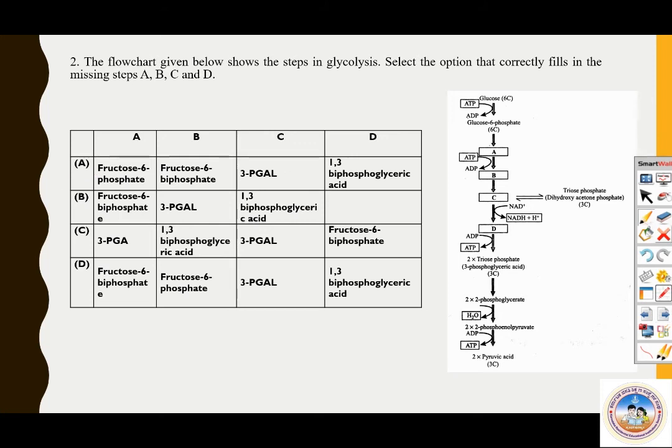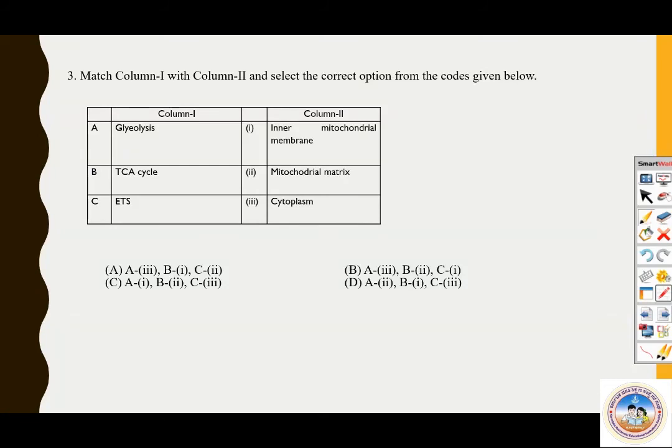Third one. Match the columns. So match the following. Again, let's start up. Now see, children, in the third question, what is there? Glycolysis. What is happening in glycolysis? TCA cycle and ETS.